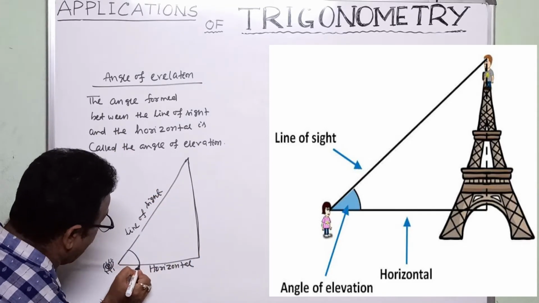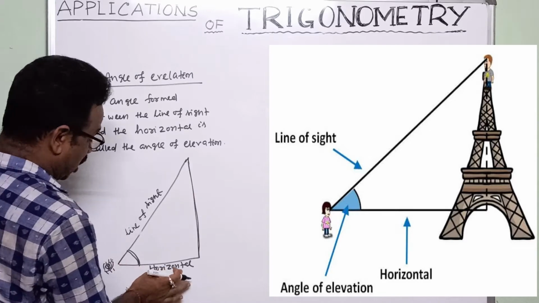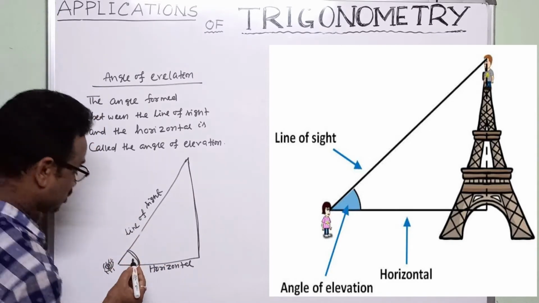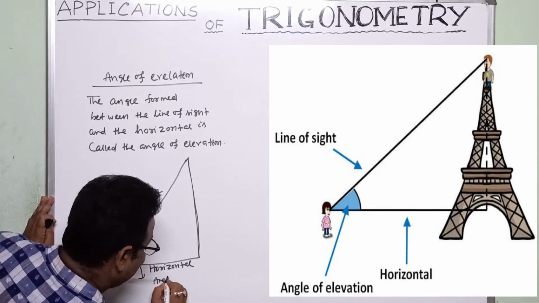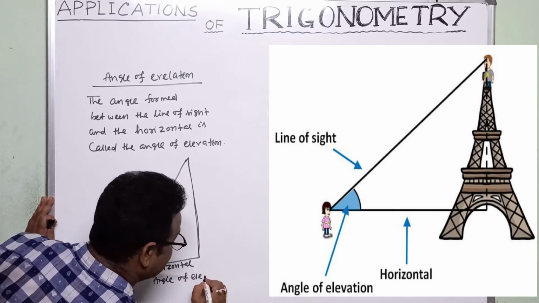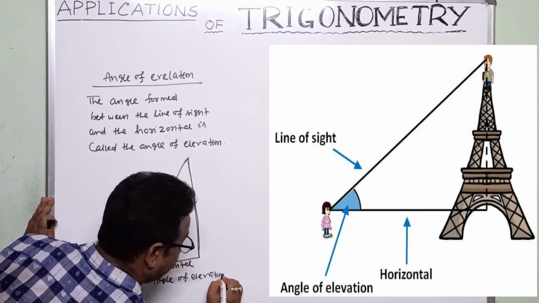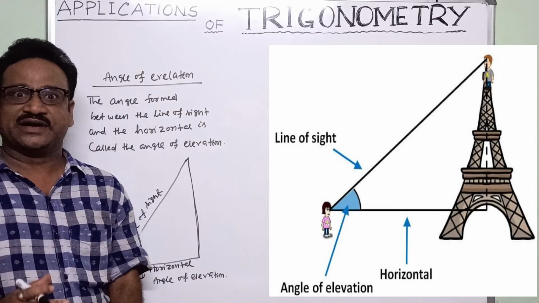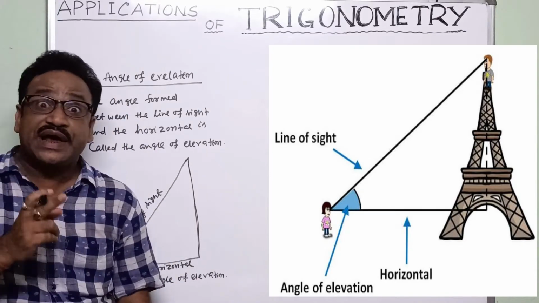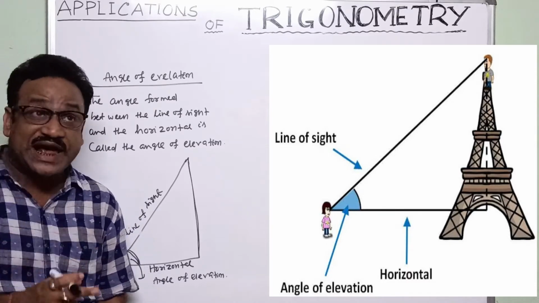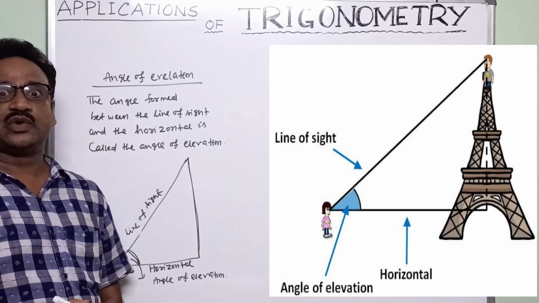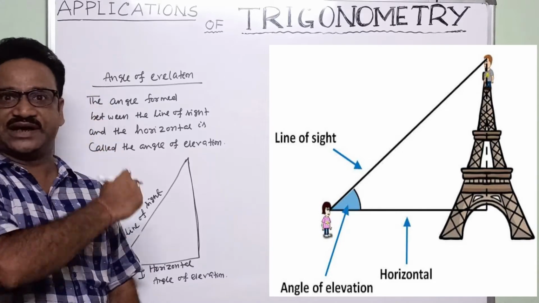Now the angle formed between the horizontal and the line of sight, this is the angle. This angle is called your angle of elevation. But keep it in mind, when we raise our head to look at an object, in that case we get the angle of elevation.